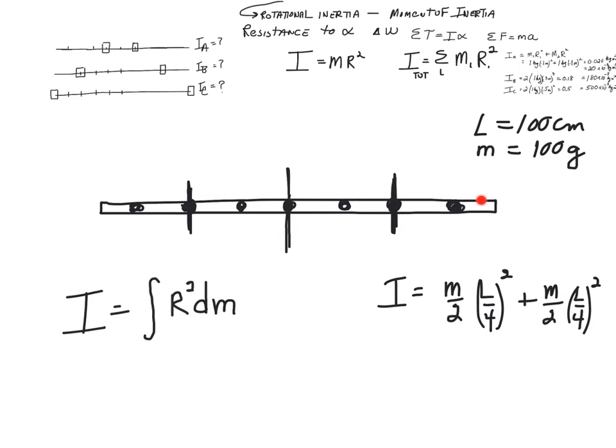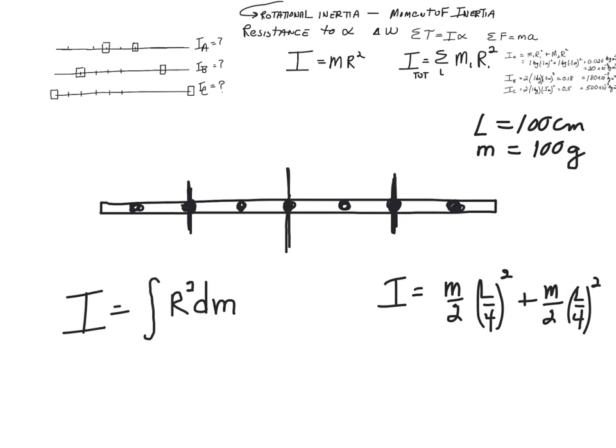If you're in Calc 2, you should be able to do this. If you're in Calc 1, it's a good time to understand that the integral is an infinite summation, and you'll get to see this when you do the problem in the assignment this week. So for things that aren't point charges, we need to use calculus to get them.